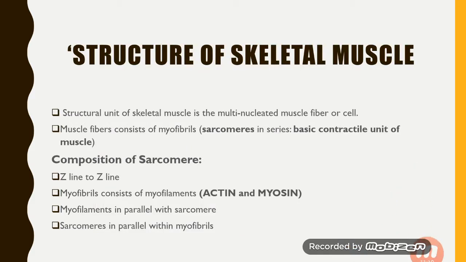Muscle fiber is actually the structural unit of the skeletal muscle, which further contains the myofilaments, and myofilaments further contain actin and myosin, two types of proteins. The first layer that surrounds the whole muscle fiber is called sarcolemma.